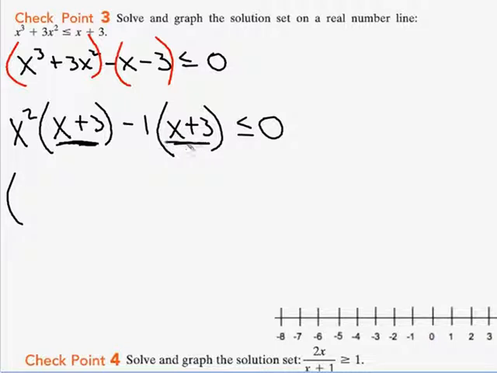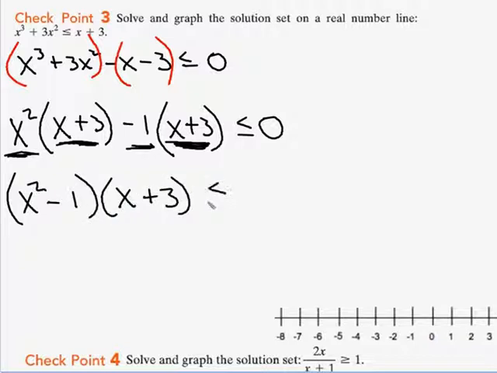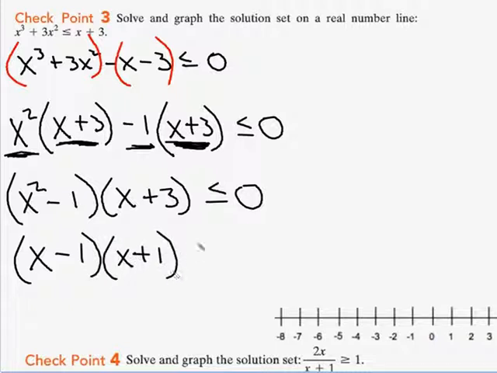Our first one is going to, one of them is going to be the x plus 3. The other is the leftovers, the x squared minus 1. And then I'll put my x plus 3, and that's less than or equal to 0. X squared minus 1 is again factorable to a sum and a difference, and then we still have the x plus 3 term, and that's less than or equal to 0.